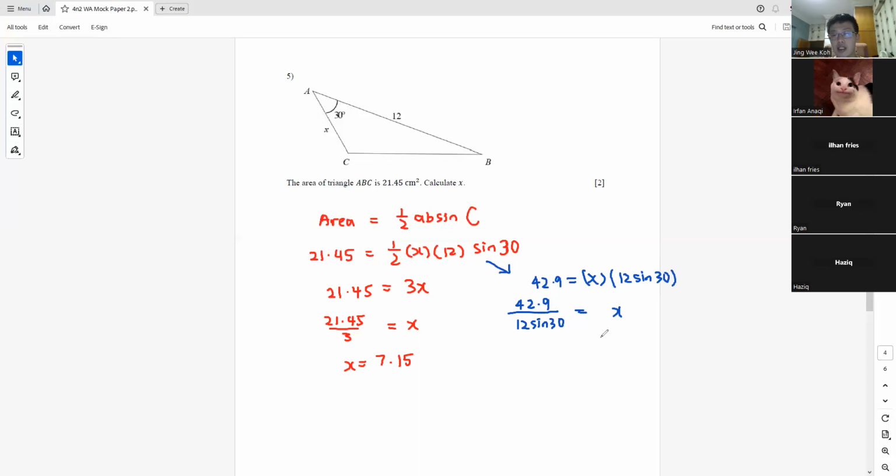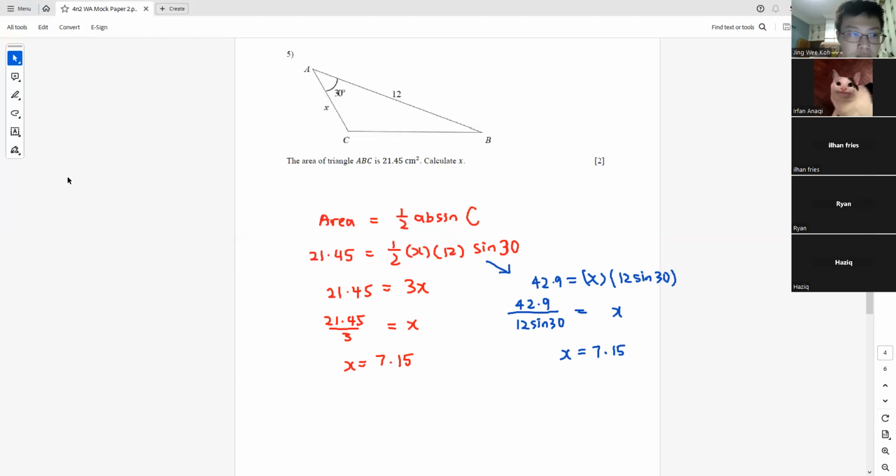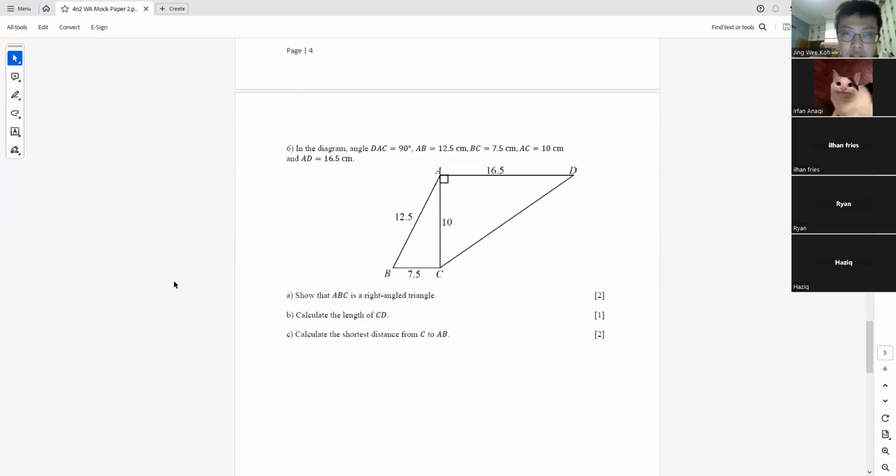I can also find my x. You press the calculator, this thing will still give you 7.15. Okay, this is the easy one.